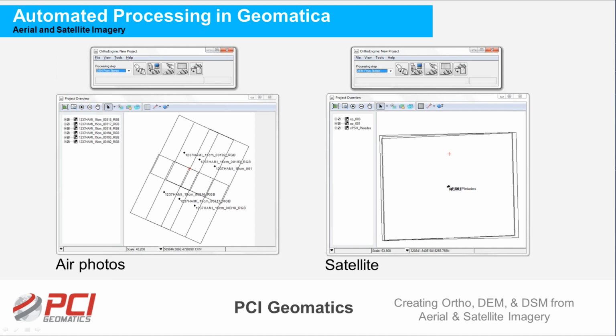So PCI's flagship product, as I said, is called Geomatica. And Geomatica is widely successful in Canada and worldwide. One of the functions in Geomatica is auto DEM, which you're seeing right now in the screenshot.